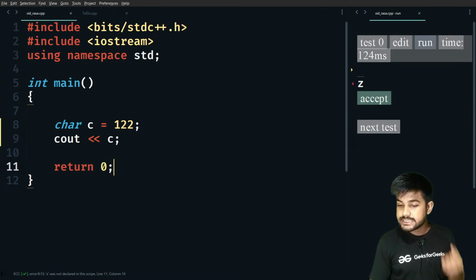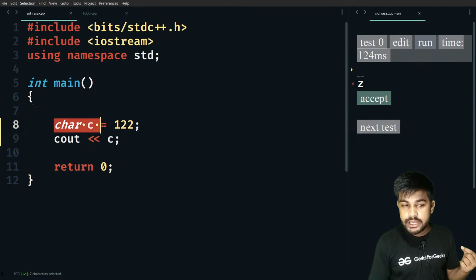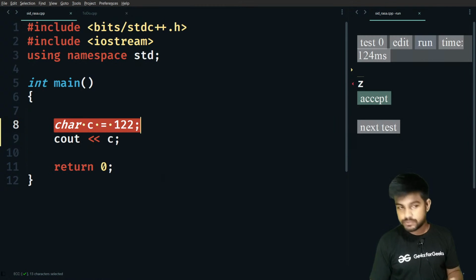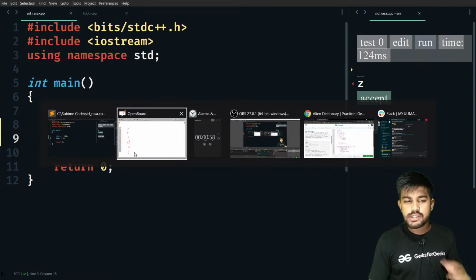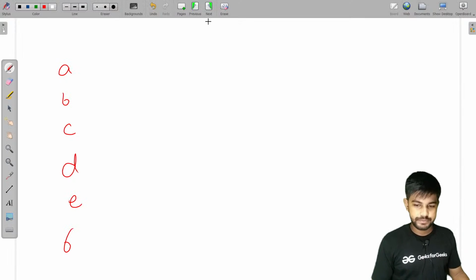Even we can play with the same thing. If we assign the ASCII values to the character, it would behave the same way. So we would take advantage of this one only. Let's suppose we perform the same thing, and we would move forward.